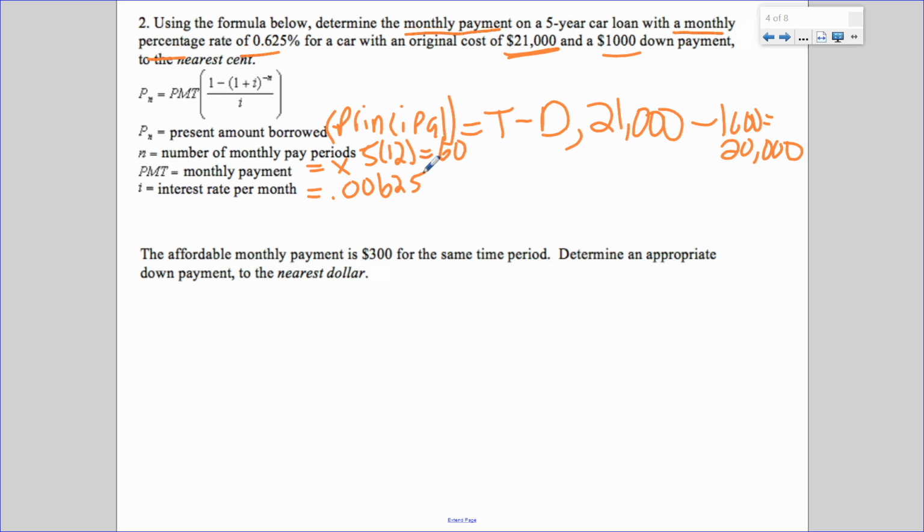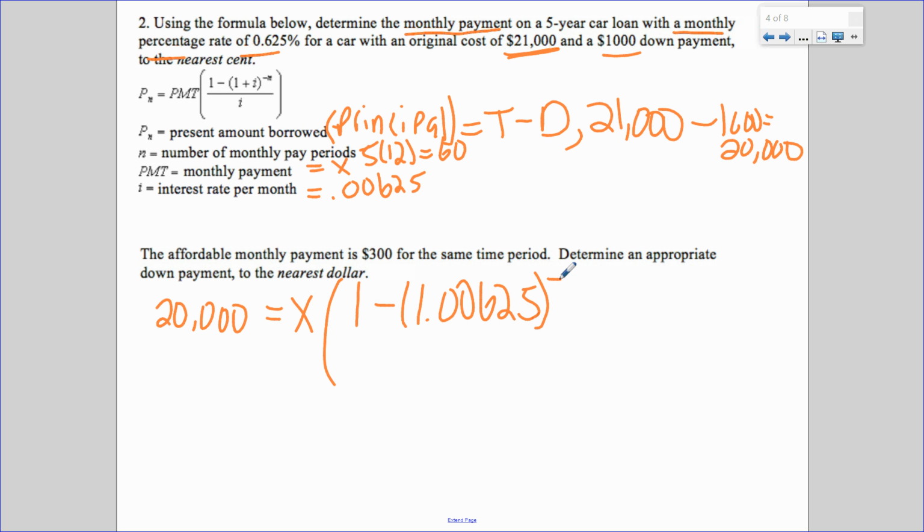PN is 20,000. So I'm going to do it down here. So it becomes 20,000 equals PMT is x, times 1 minus 1 plus i, I'm just going to write 1.00625. You could have written 1 plus 0.00625, but I like to do it that way.